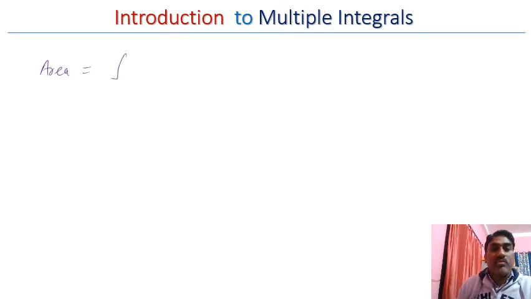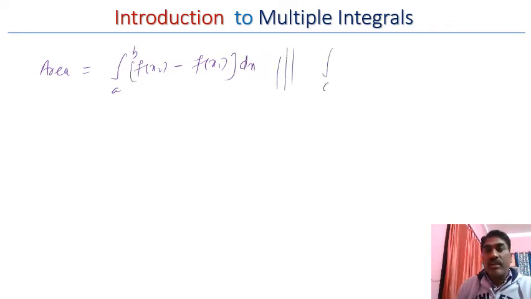Area is equal to the integral from a to b of f(x2) minus f(x1) dx, and what we just obtained is also the integral from a to b of the integral from f1(x) to f2(x) dy dx.